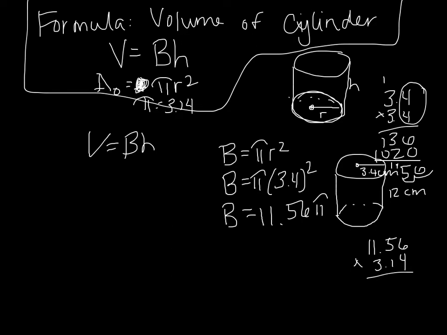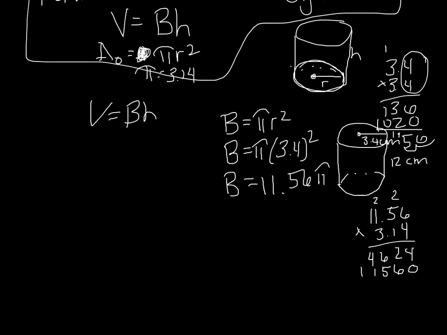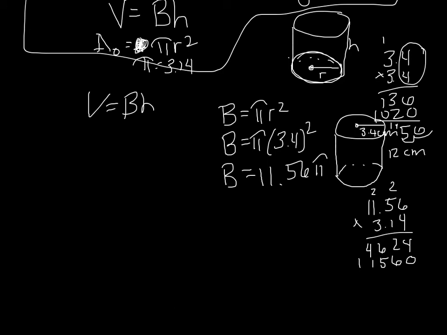Okay, so let's do that. 6 times 4 is 24. 5 times 4 is 20, plus 2 is 22. 4 times 1 is 4, plus 2 more is 6, and bring down our 4, add a 0. 6, 5, 1, 1. Okay, add 2 zeros. 3 times 6 is 18. 3 times 5 is 15, plus 1 is 16. 3, 4.